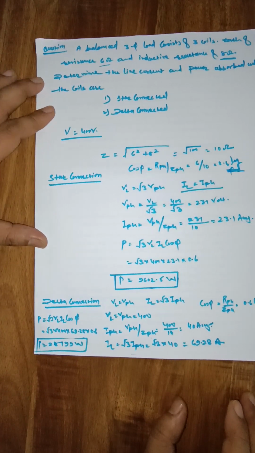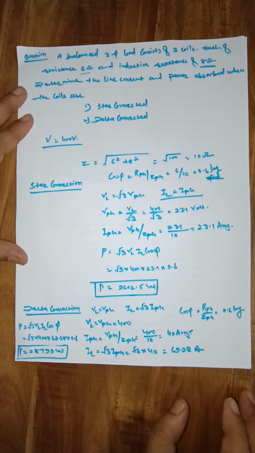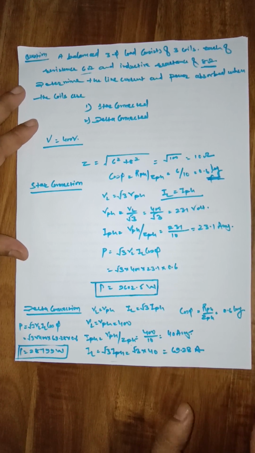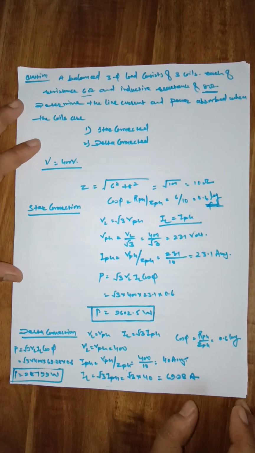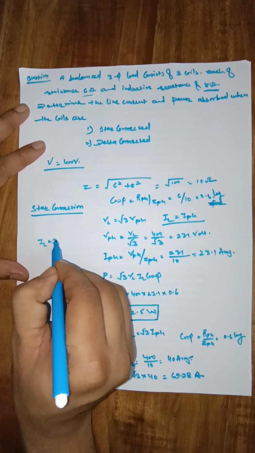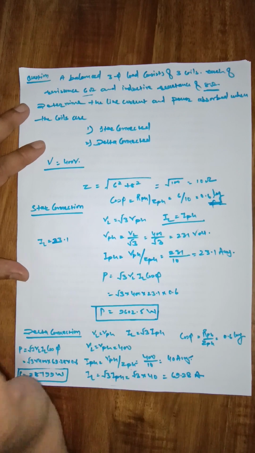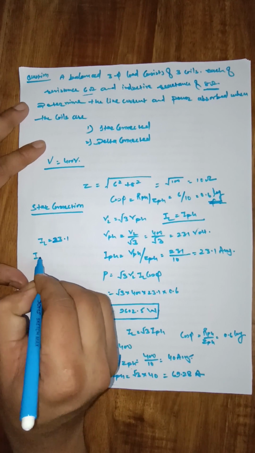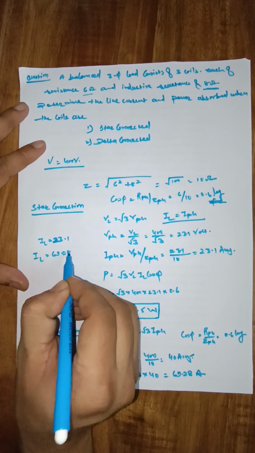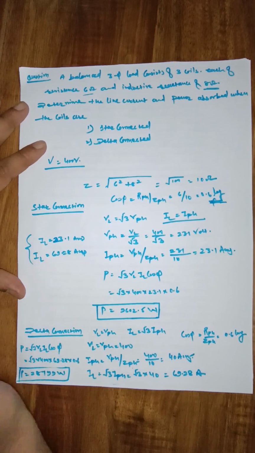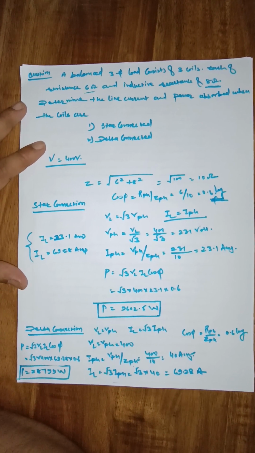So it is all about the star and delta connection. Here one thing you can note that in star connection, line current was only 23.1 ampere, and in delta connection line current is 69.28 ampere, almost 3 times more line current is drawn in delta connection.